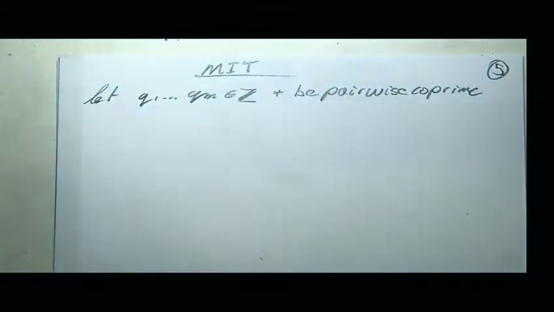Are we okay with the phrase pairwise co-prime? That means any pair of those numbers is relatively prime. And so the whole lot, if I choose any pair, yeah, good.